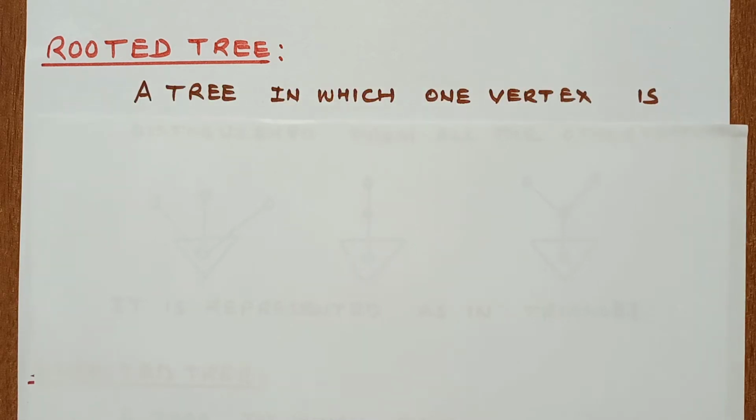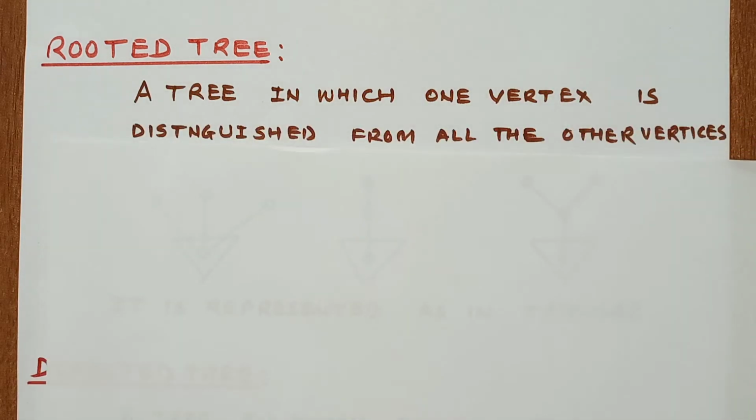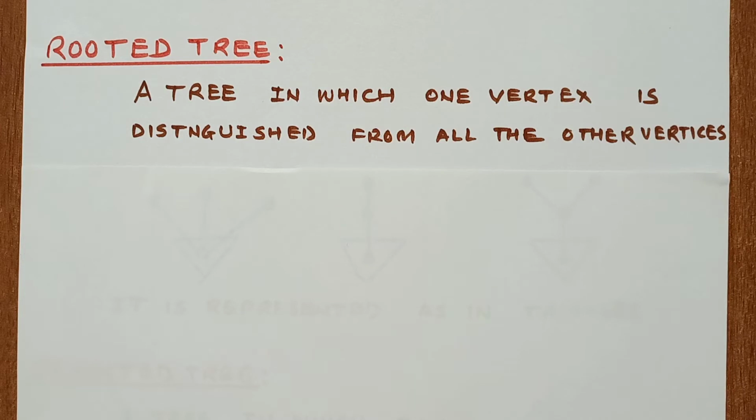Rooted tree. Now what is a rooted tree? A tree in which one vertex is distinguished from all the other vertices is called a rooted tree. In a tree there are many vertices, but if this tree is rooted, then one vertex is distinguished from all the other vertices.